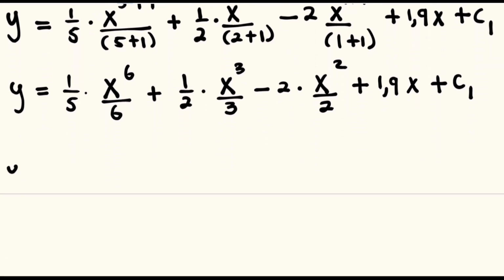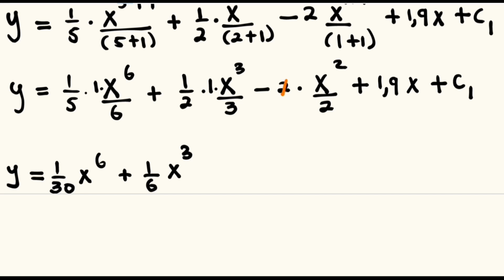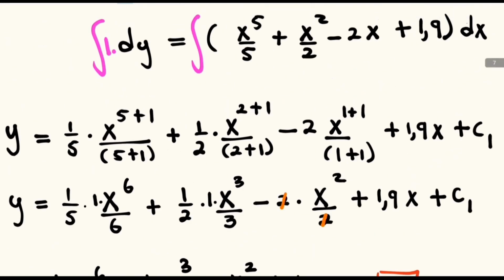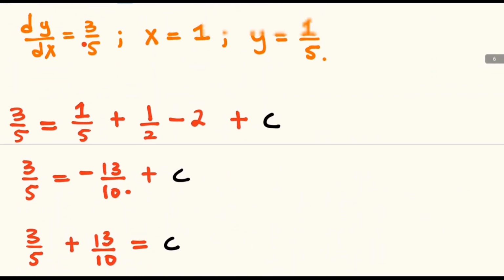Further simplification, we have y, which is equal to 1 over 5 multiplied by the 1 over 6, which is equal to 1 over 30 multiplied by x to the power 6 plus 1 over 2 multiplied by 1 over 3, which is equal to 1 over 6 multiplied by x cubed. 2 and that 2 will cancel out, and we have negative x squared plus 1.9x plus our constant c1.